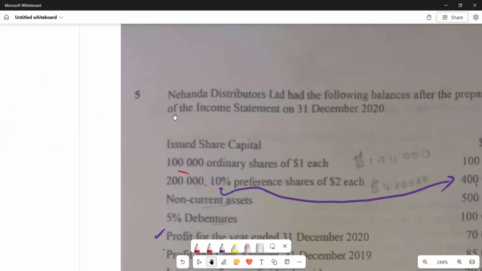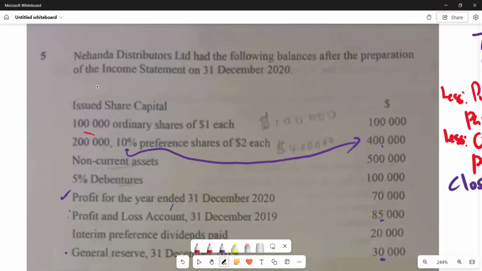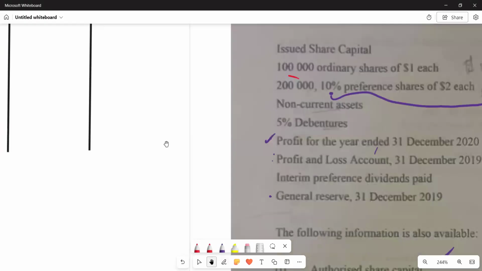Issued is given in the list of balances whereby we say 100,000 ordinary shares of $1 each, and it went up 100,000, and then we've got 200,000 10% shares of $2 each with 400,000. So this is what we have. So we just go and list those as our issued.